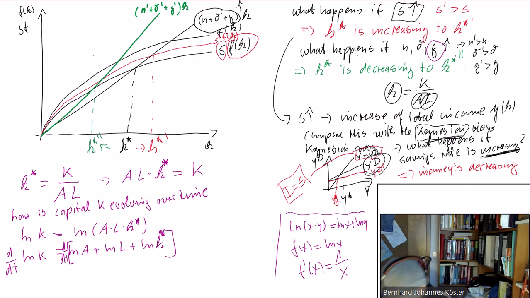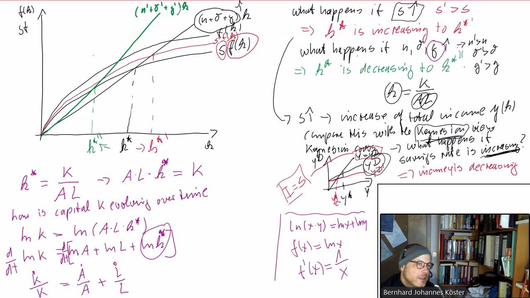So what we obtain here is then K dot over K equals A dot over A plus L dot over L. Well, the definition of steady state is that there is no change in time anymore.